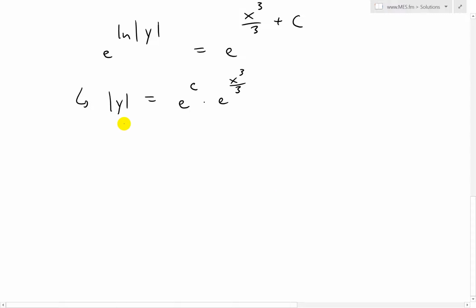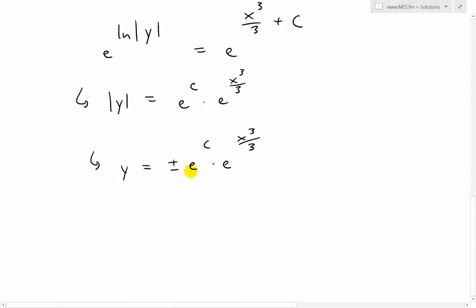So anyway, this is an absolute value, so this just means that this has to be positive. So what we could write is y equals plus or minus e to the c times e to the x cubed divided by 3.